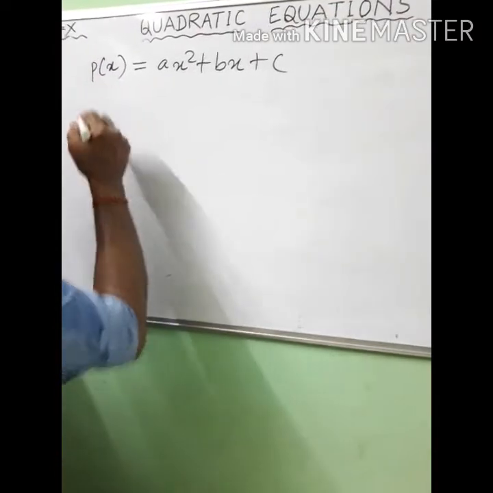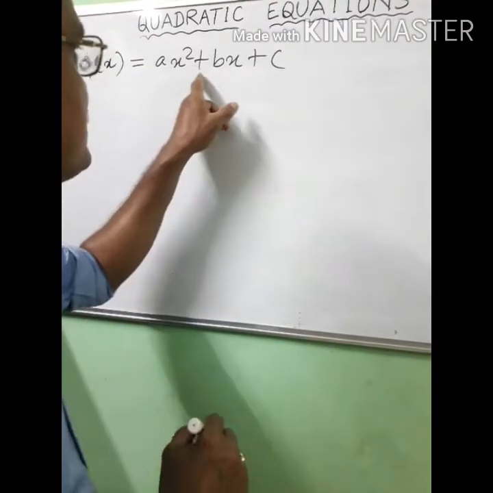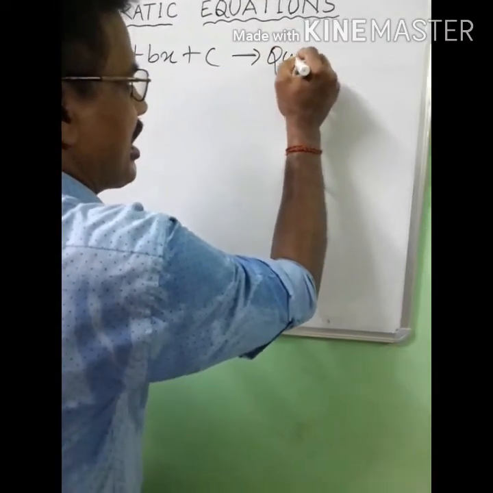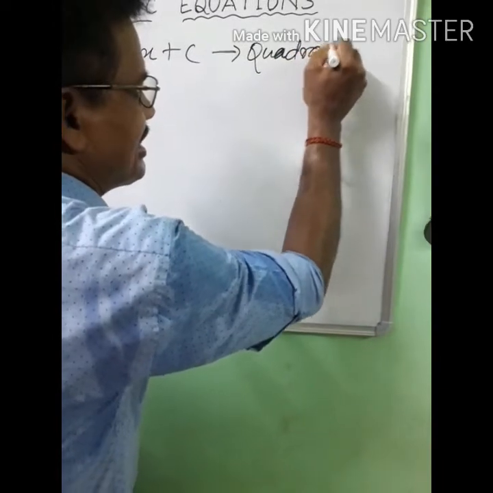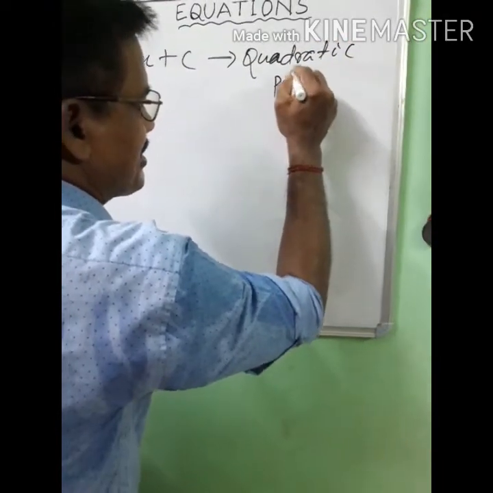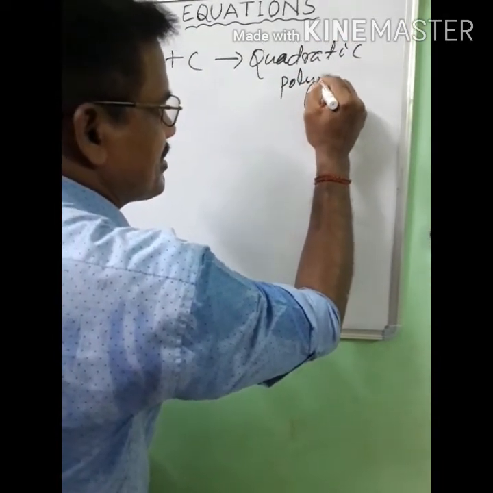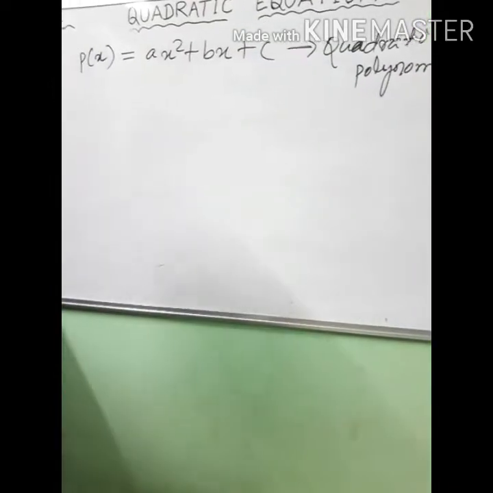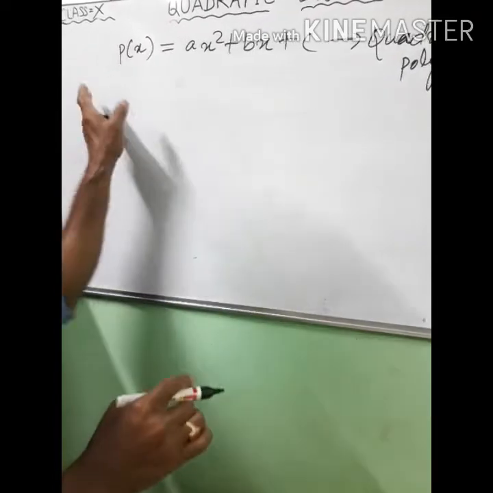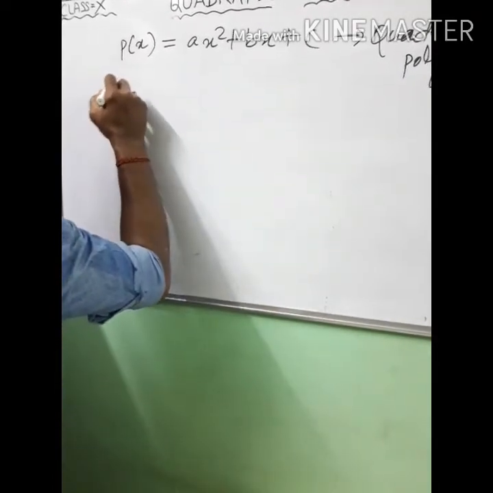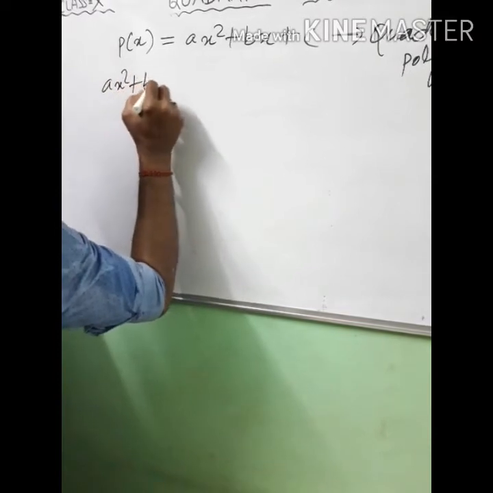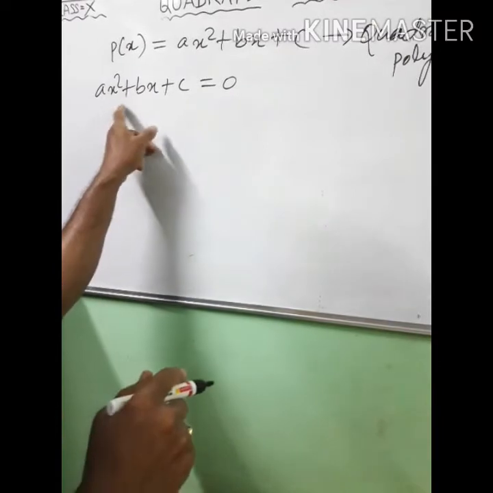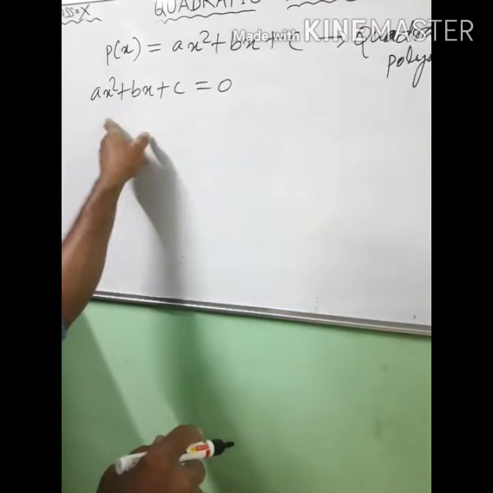So, let us write the general form of a quadratic equation. Quadratic equation is P(x) is equal to 0. That means ax square plus bx plus c is equal to 0. ax square plus bx plus c is a quadratic polynomial.